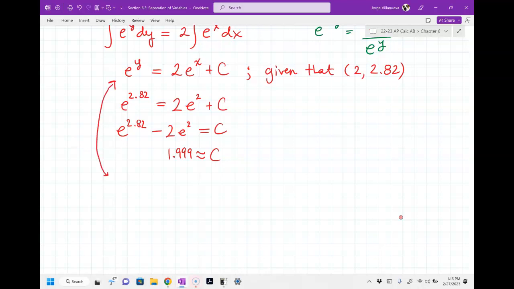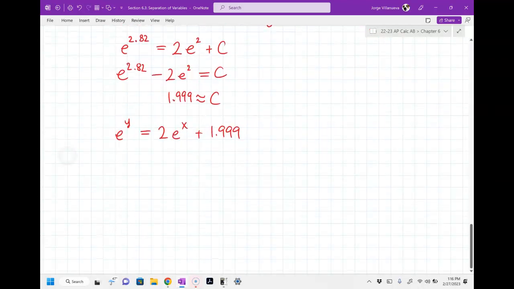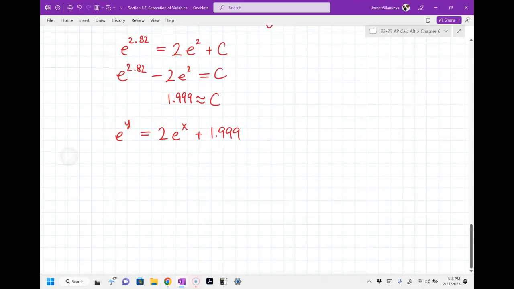So let me go back to my original problem right here. I'm going to bring that down. So e to the y is equal to 2e to the x plus 1.999. Well, I've got to solve for y. What do I do? Yeah, do the natural log of both sides.